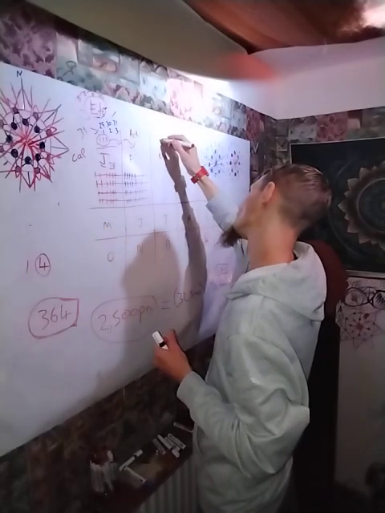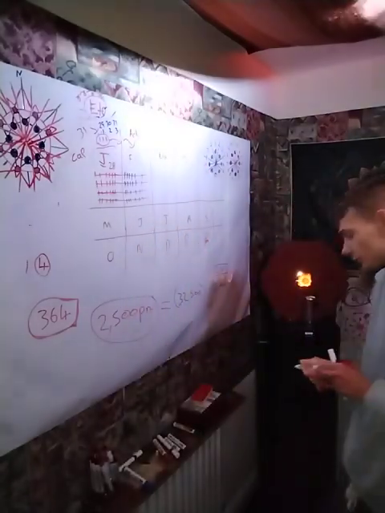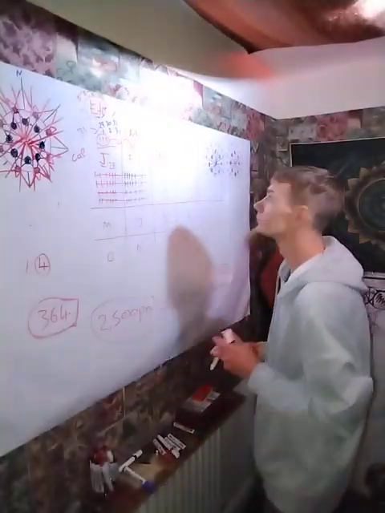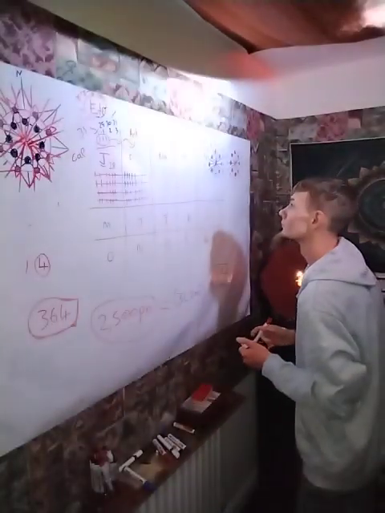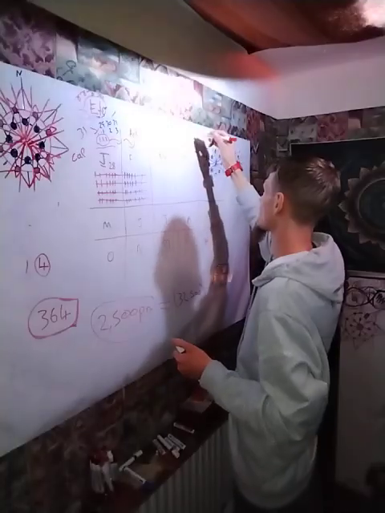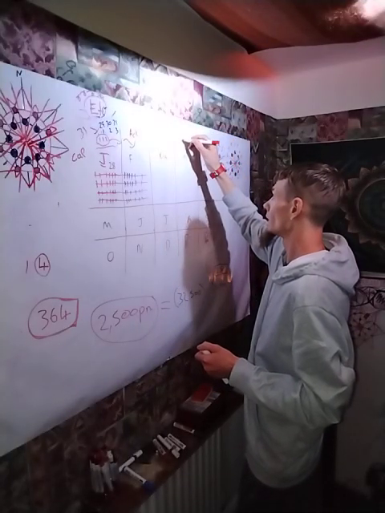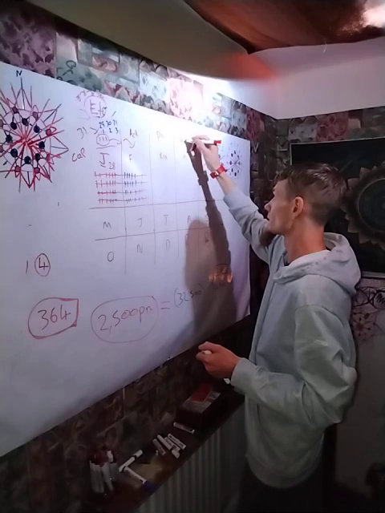I don't know what is after Aquarius. We are with Capricorn, Aquarius, then is Pisces, the fish. Then is Aries, the ram.